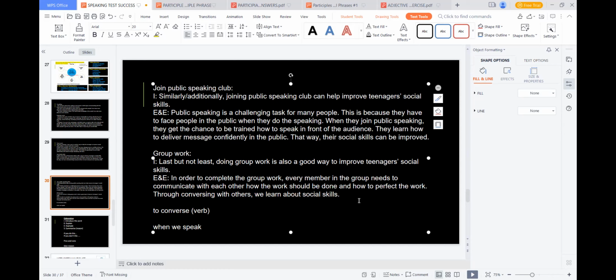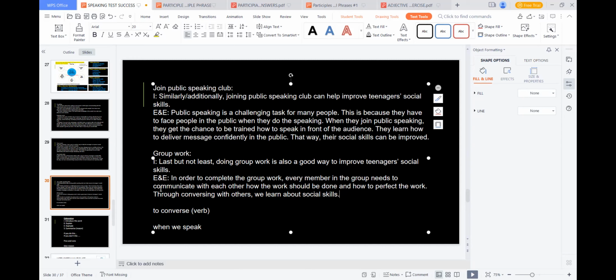Okay, can you try again? Last but not least, doing group work is also a good way to improve teenagers' social skills. In order to complete the group work, every member in the group needs to communicate with each other how the work should be done and how to perfect the work. Through conversing with others, we learn about social skills.